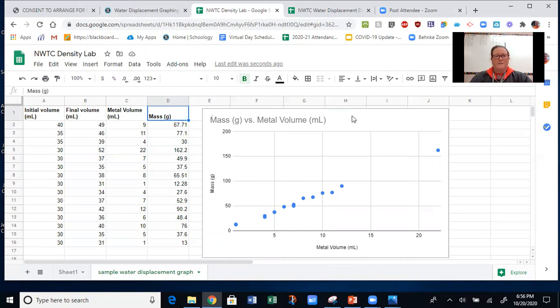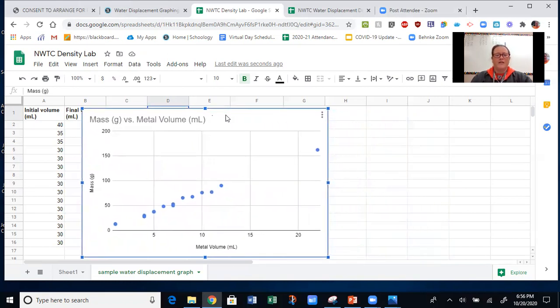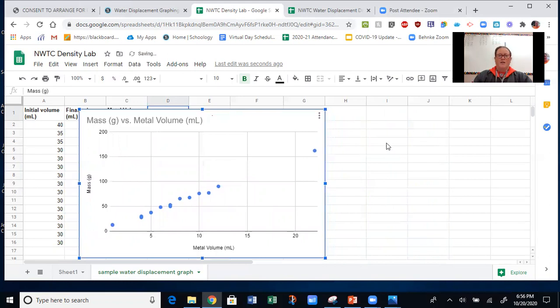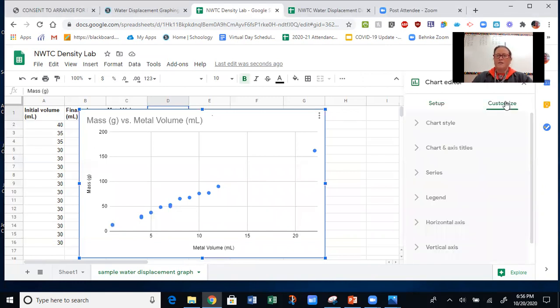The next step, I'm just going to move this over a little bit because I don't need the data anymore, is to customize this graph. We want to put in the best fit line. So we click Edit Chart, Customize.